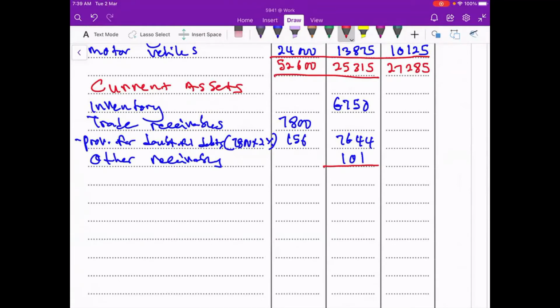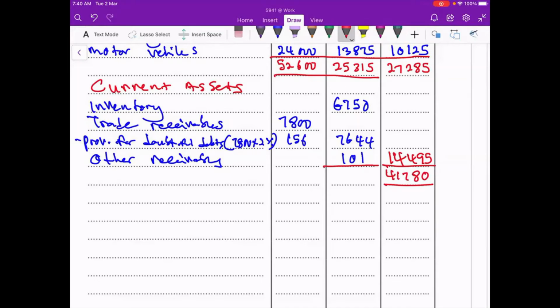The total is 14,495. So now we total up non-current assets plus current assets, 41,780.